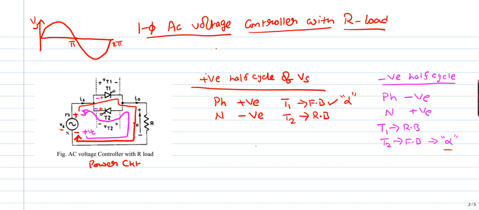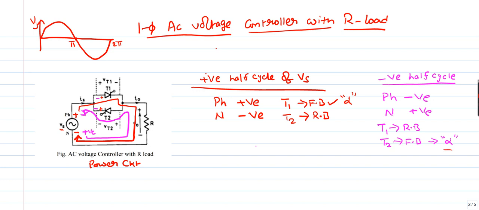When T1 is in conduction, if I give a triggering pulse to T1, T1 goes to on state. The current flows from phase to T1, T1 to load to neutral. Similarly, when T2 is in conduction, the current flows from neutral to load to T2 to phase.